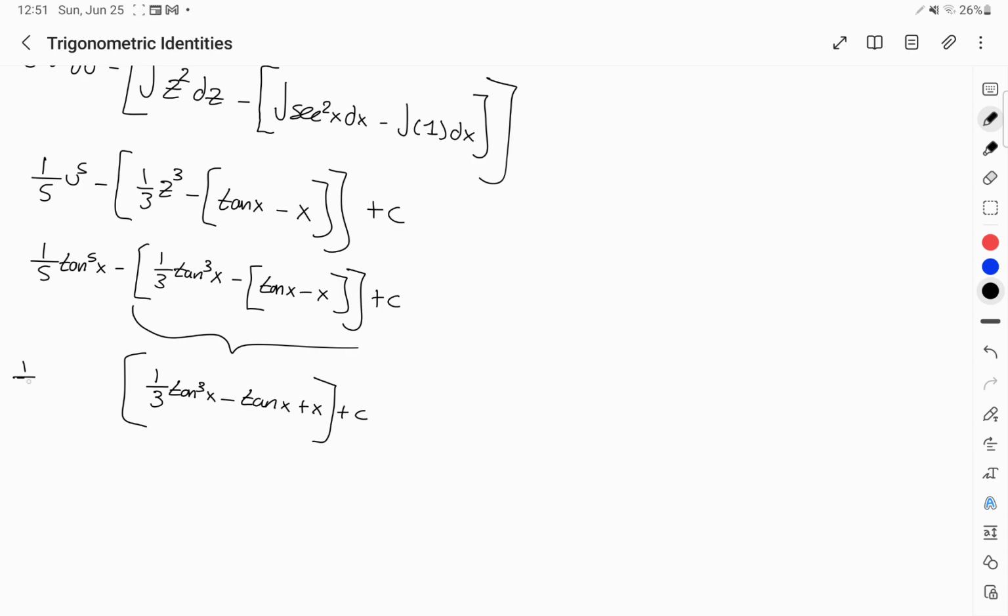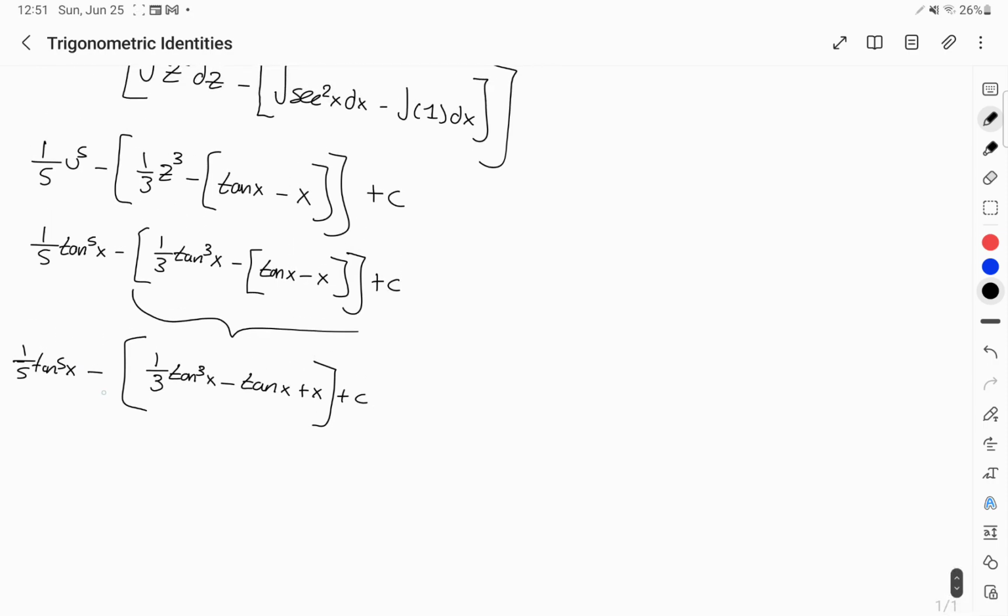And then we have a 1/5 tangent to the 5th of x minus. And now we must distribute that negative everywhere that we see fit. And so the final answer will be 1/5 tangent to the 5th of x minus 1/3 tangent cubed of x plus tangent of x, because negative, negative, positive, negative, positive, negative, minus x plus c.